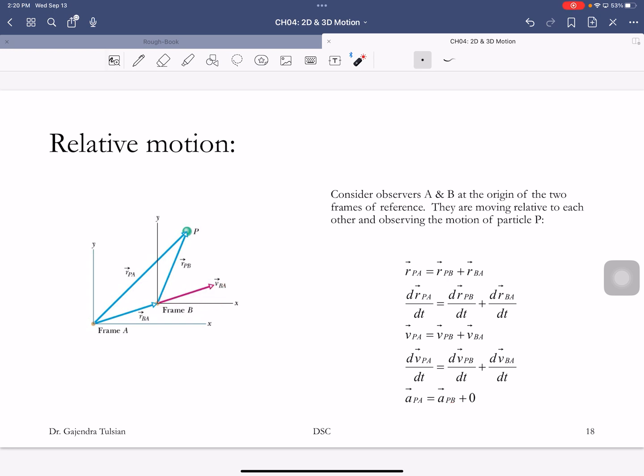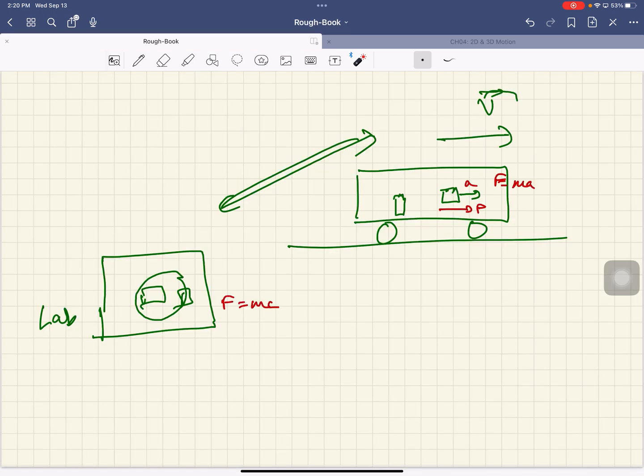So both frames are observing the same acceleration. Okay. What we have shown is in this train that your buddy was doing the experiment, he observed this acceleration. You standing on the side of the road observed the same acceleration. That's what we showed. And you're seeing the same forces being applied. Okay?